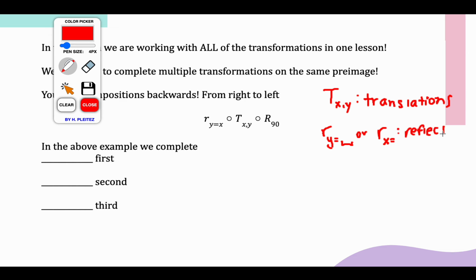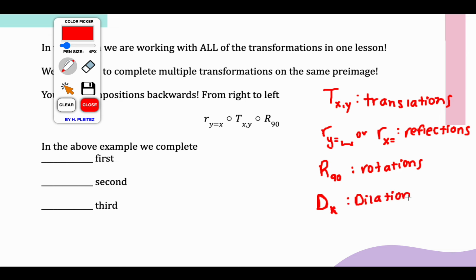And with reflections, again, we're thinking about that mirror image that we're creating. We've also done rotations, which is the capital R, and then we have an angle as a subscript there. And then last but not least, we have our dilations, which are of the form with the capital D, and then there's going to be a value here, or scale factor, written as a subscript there.